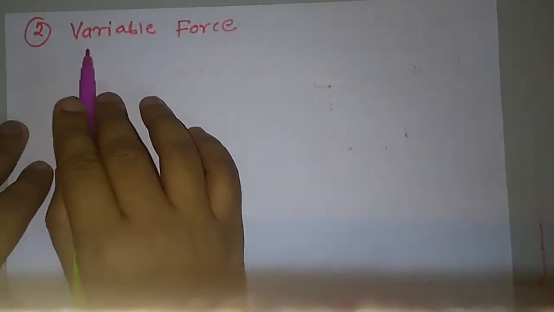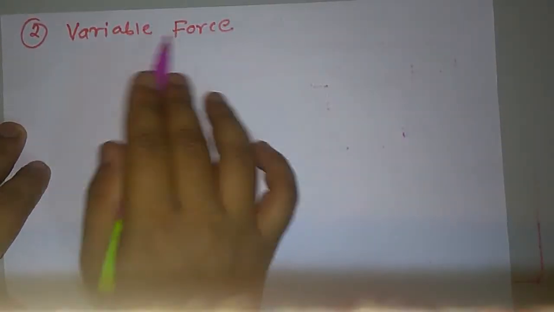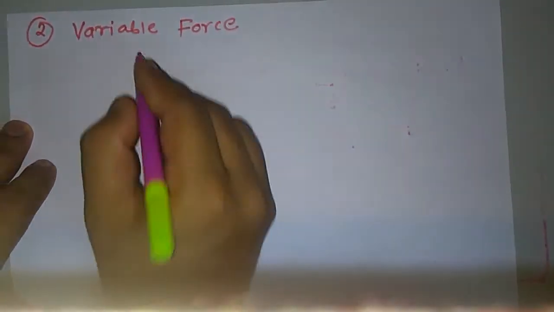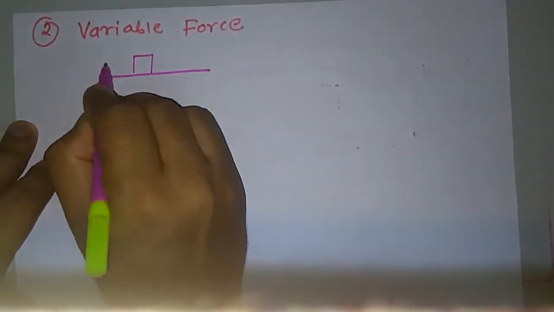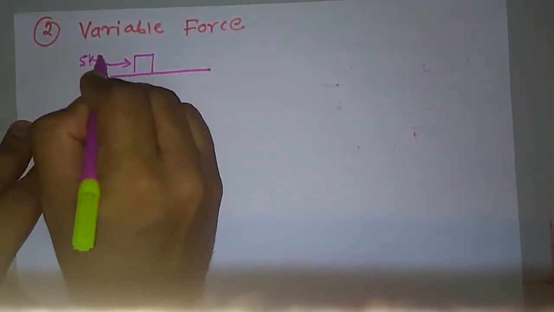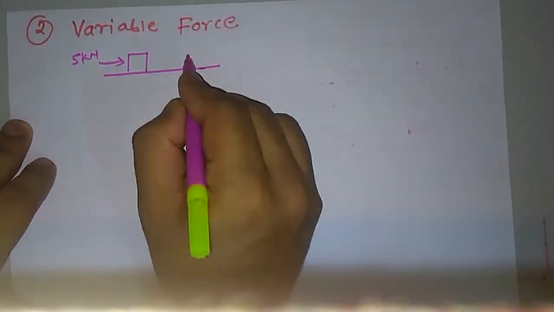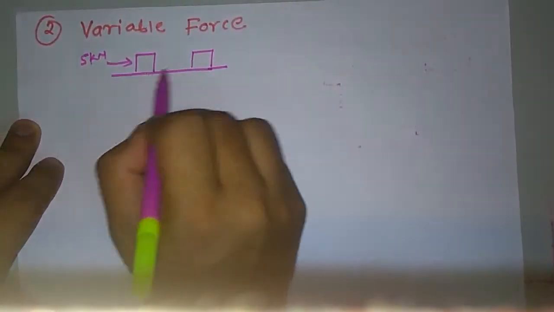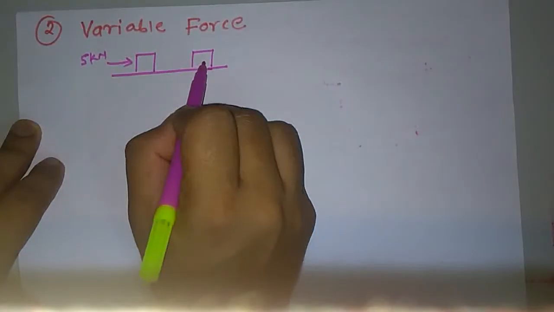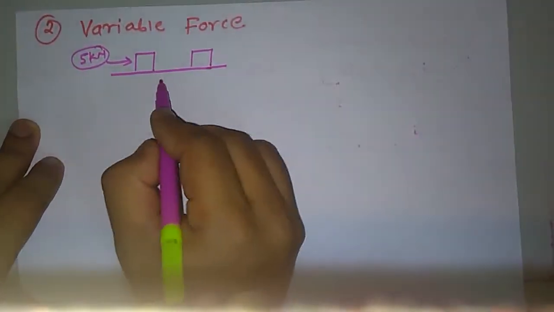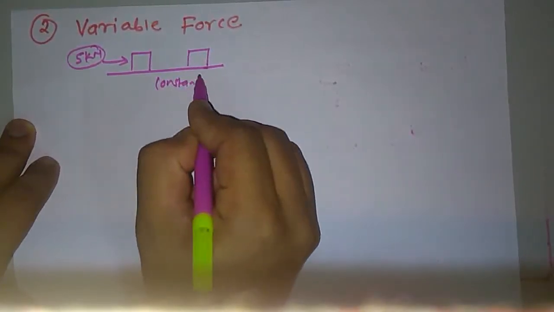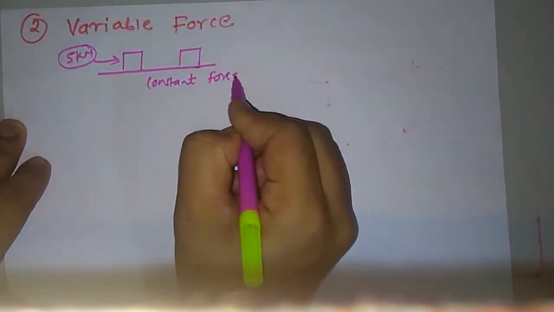Now the second type of force is variable force. So what is variable force? Suppose we are applying a 5 kilonewton force to this block and this block gets displaced. Throughout this displacement, if this force is constant, then it is called a constant force.